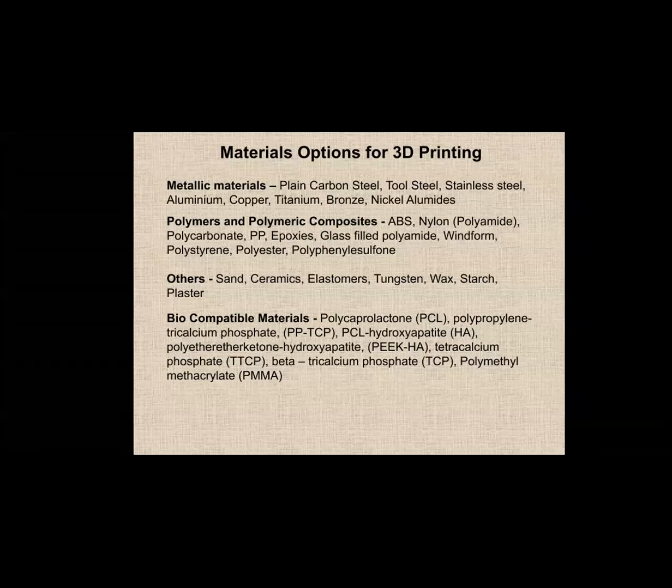If you see below, there are different polymer families which are biocompatible. The second title, polymers and polymeric composites, is different from this. This is biocompatible with the human organs. In recent research work in biomedical applications, they are going to use these particular materials. So next, please.